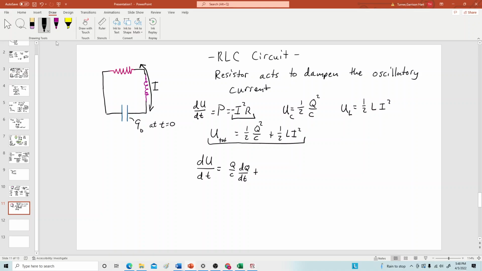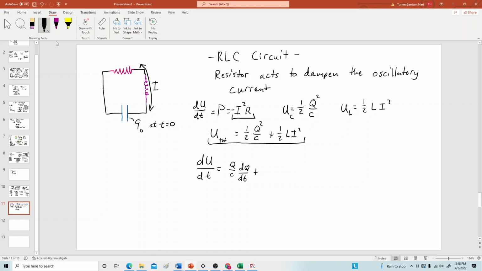By the way, use the chain rule, right? So the derivative of Q squared is 2Q over C. The 2 and the 1/2 cancel, so that's where the 1/2 goes. And the same thing is going to happen with the Li squared here. L is a constant, and my current is a function of time, so that gets differentiated.